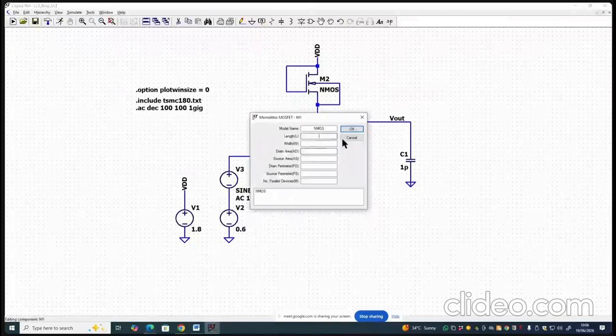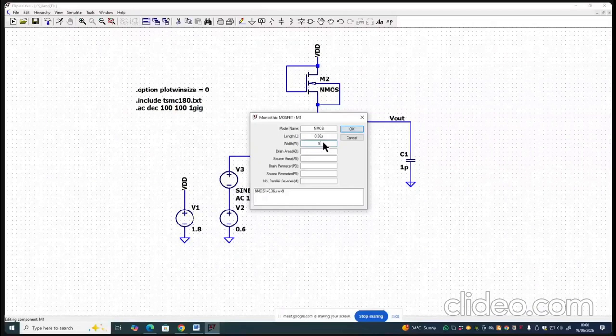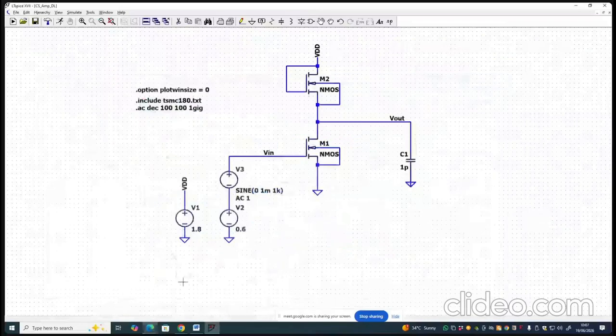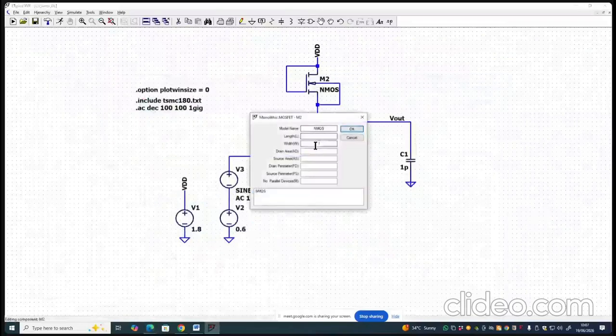So let us write 0.36 micron, 9.2 micron, sorry, 2 micron. Similarly, for M2, it is 1.73 micron. So width is 1.73 micron and length is 0.36 micron.